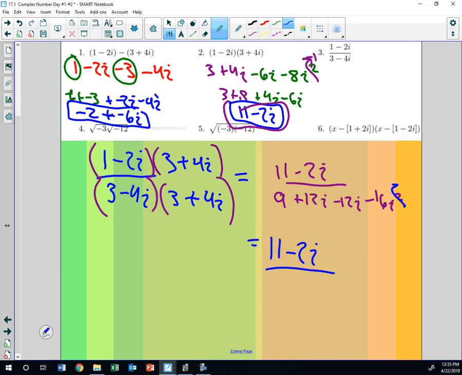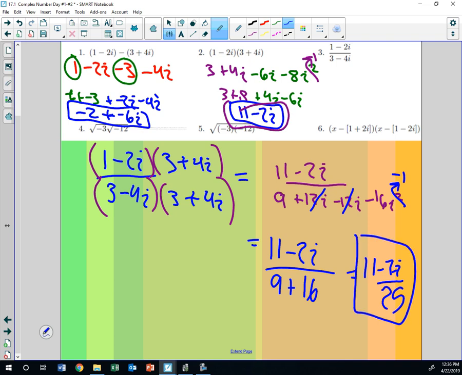What's i squared again? Negative 1. So what is 9 plus 16? 25. And what's 12i minus 12i? 0. So this is just going to be 11 minus 2i over 25. And did you see the i disappear in the denominator? It's sort of dividing, but it's not really dividing.